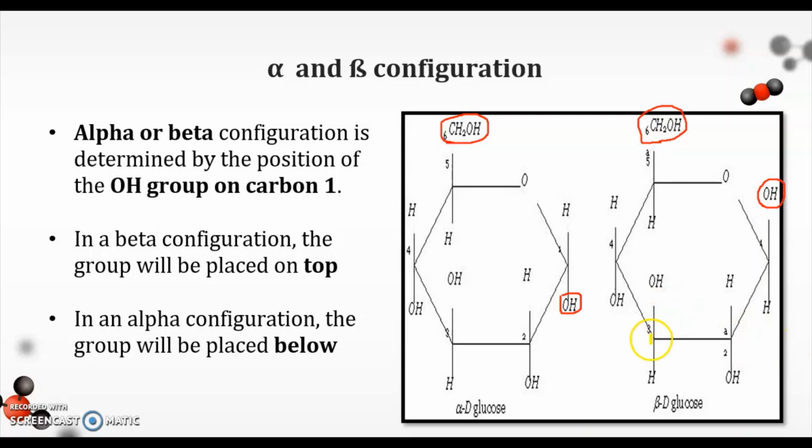This is a picture that shows the location of the alpha and the beta configuration, including the D configuration. If we want to locate the alpha and beta configuration, we are going to take a look at carbon number 1.